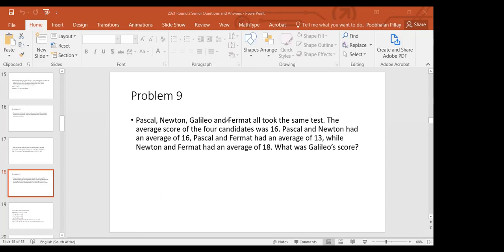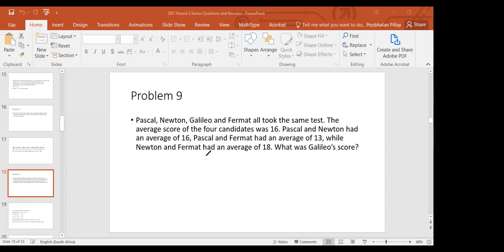And the second thing is they all didn't live at the same time, so it is impossible for them to take the same test. But the last thing is that it just happened that these 4 guys, which they took at random, they happened to have the same surnames as famous mathematicians, which is highly unlikely to be all in the same class. Whatever. Somebody wanted to be a little bit clever by using these names.